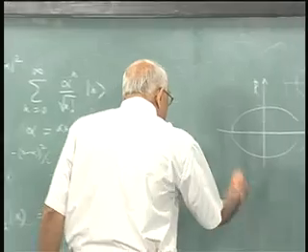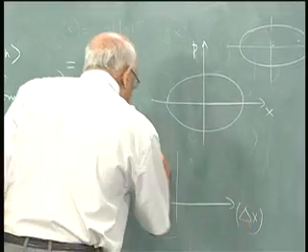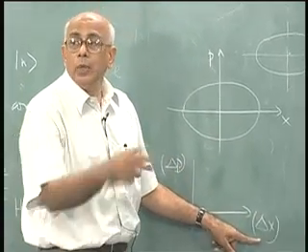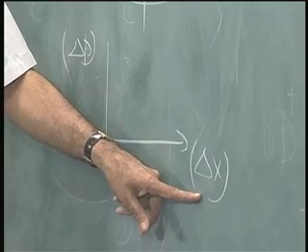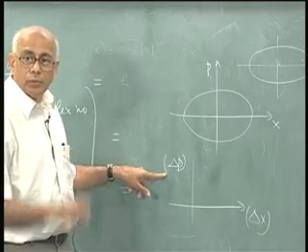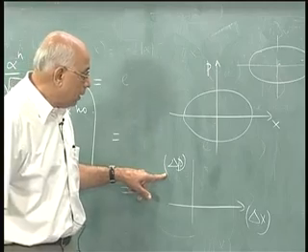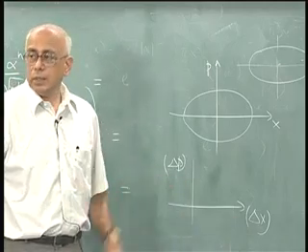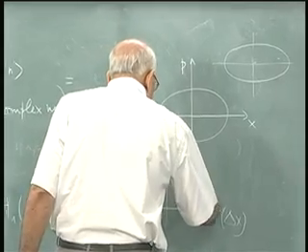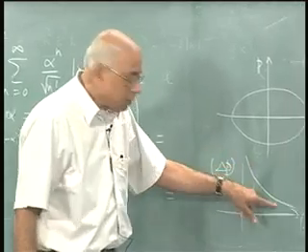In fact, if you plot delta x versus delta p, this quantity in units of square root of m omega over h cross, and this quantity in units of 1 over square root of m omega h cross, then both are dimensionless quantities, and delta p delta x must be greater than or equal to half. Equal to half is this hyperbola.